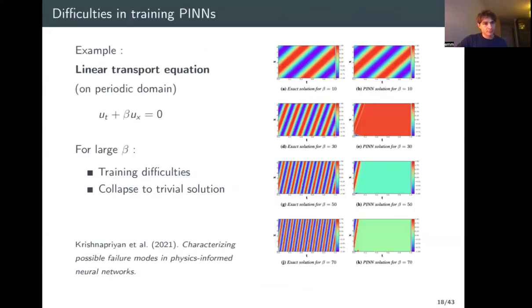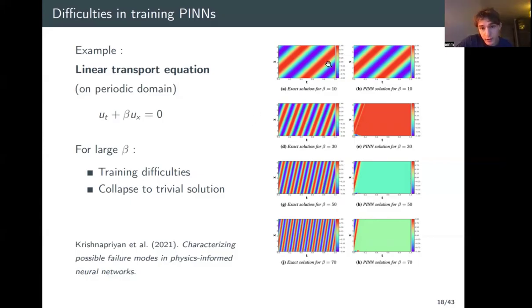It turns out that there are quite some difficulties to get the training error to be as small as possible. One particular example is to consider a very simple linear transport equation, where we have this constant velocity beta.